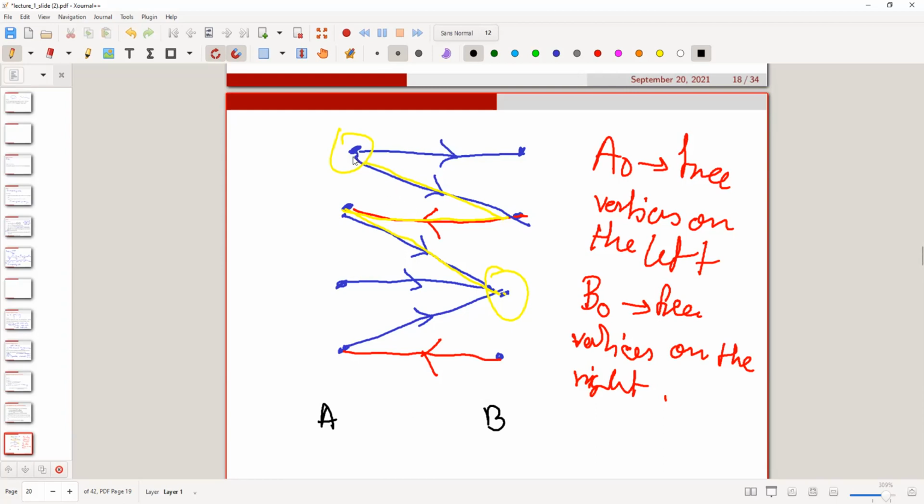If this is the first free vertex, then the first unmatched edge will be a blue edge from A to B, and then the next matched edge will be from B to A, and it will go on as long as we reach some vertex in B0. And that will happen because if one endpoint of that augmenting path is in A0, then the other endpoint will be in B0. Yeah, so that's why we'll find it.